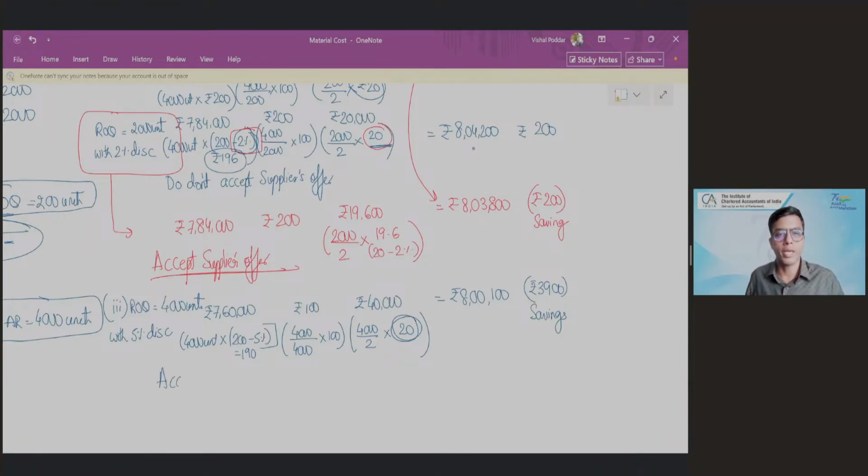So I will say accept the supplier's offer. Students, I hope this is clear to everyone. No doubts with this.